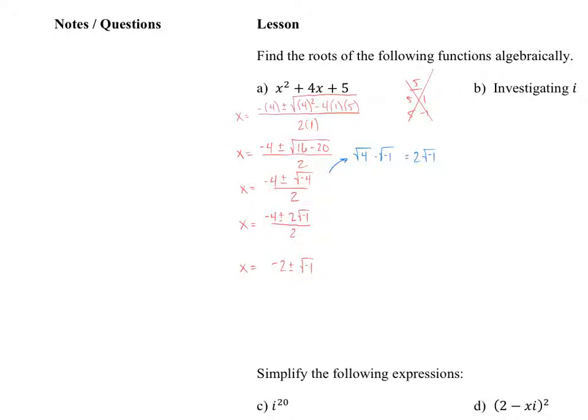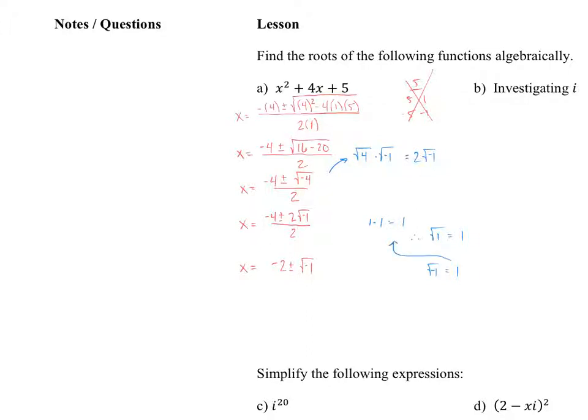Well, let's just quickly investigate this square root of negative 1 just a bit. 1 times 1 is 1. Therefore, the square root of 1 is 1, right? Makes sense? Okay, now if I try to say that the square root of negative 1 is anything, let's say it's 1, obviously that's not true, right?